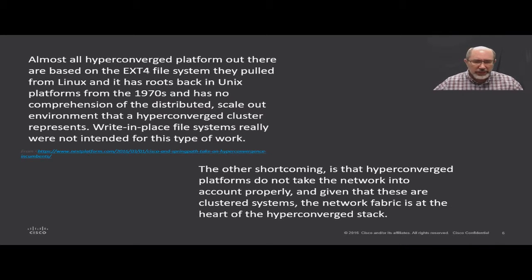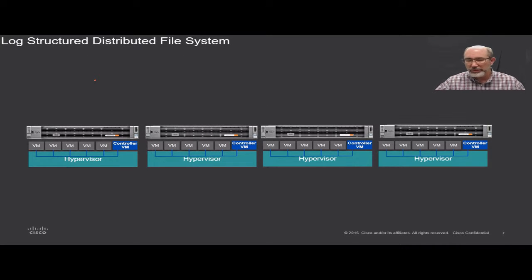So all these other HC platforms out there really use some variant of the ext4 file system. HyperFlex is fundamentally different in their approach. With HyperFlex, we use the log structured distributed file system. Distributed is the key word in this concept. So when we talk about the distribution within the HyperFlex storage platform, let's take a VM, and let's say that VM wants to write or read from the storage.